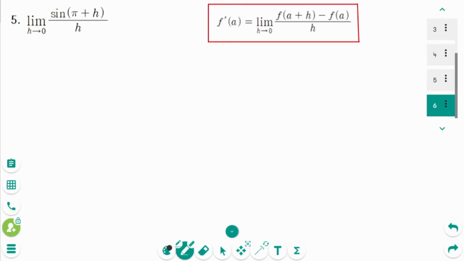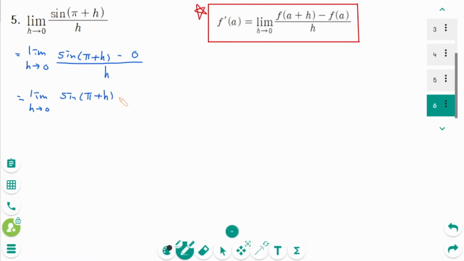Number 5, please remember this one. We can rewrite as limit as h approaches 0 of sine pi plus h minus sine pi over h.